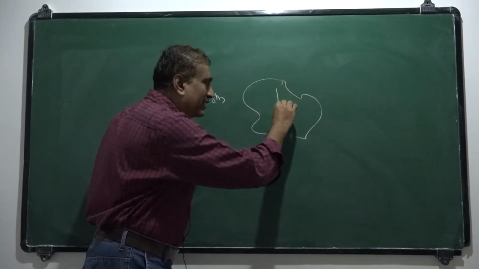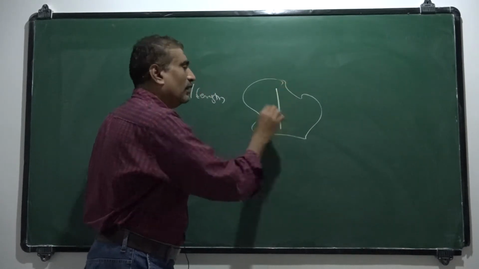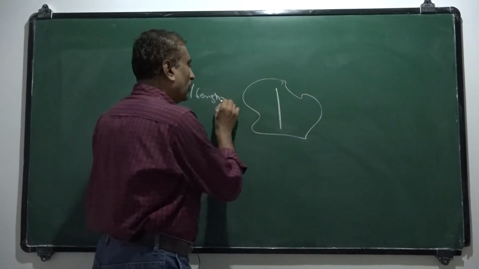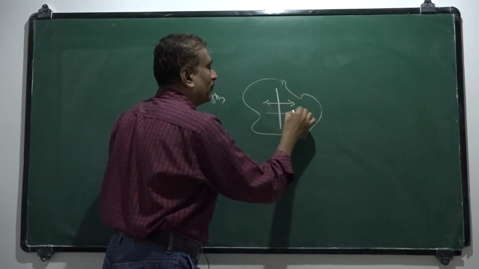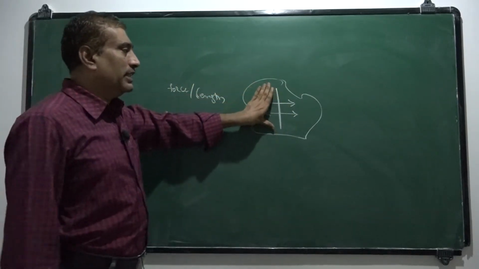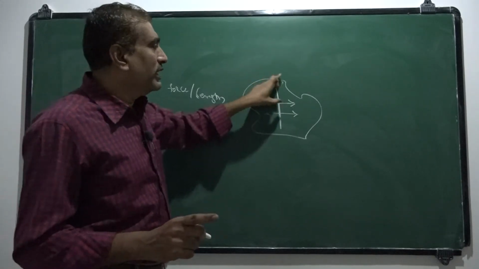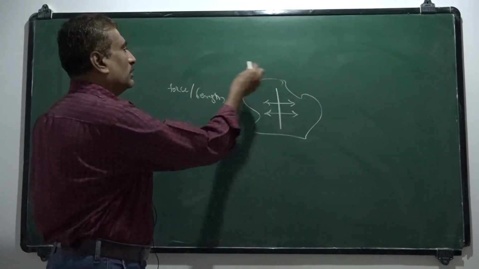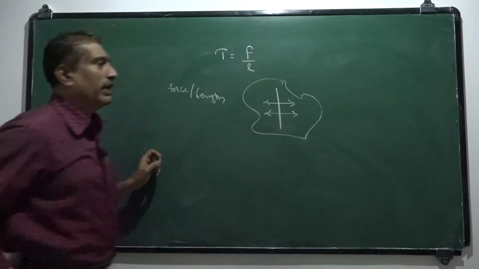If we draw an imaginary line on this free surface, tangential to it, then the force acting per unit length along this line, perpendicular to this line, is surface tension. So, surface tension is the force acting per unit length on an imaginary line drawn on the free surface of the liquid, acting at right angle to that particular line. Okay. So, surface tension T is defined as force per unit length L, F by L.